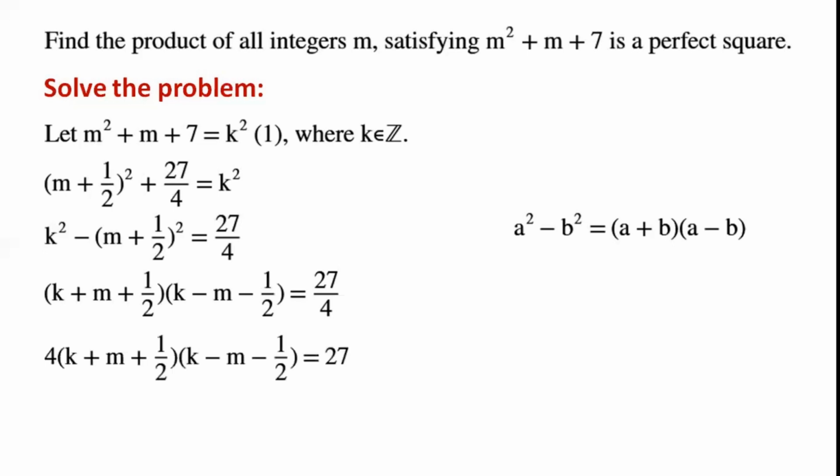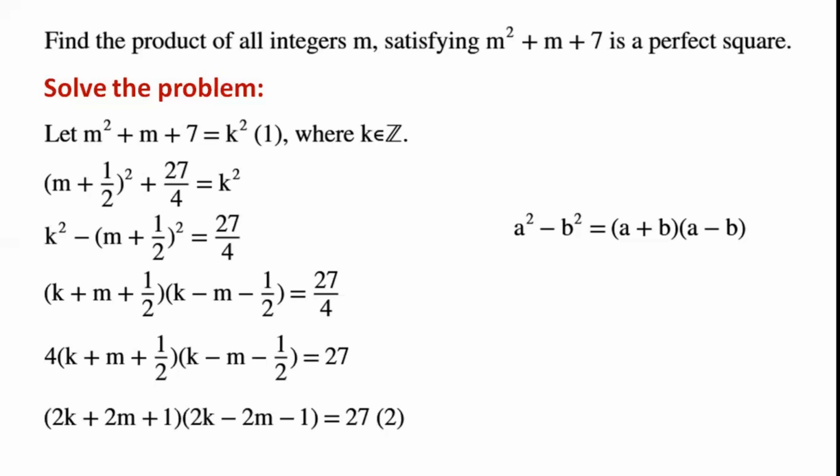By rearranging the equation, we have 4 times (k plus m plus a half) times (k minus m minus a half) equals 27.